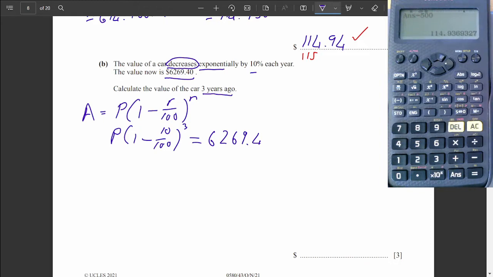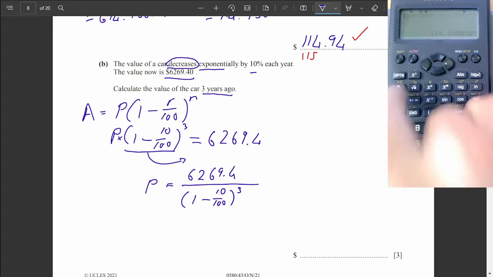Okay, now remember, this is the principal multiplied by that whole bracket. So if we can just take this whole bracket and do the opposite of multiply, and that is divide. So to get P, we'll take 6269.4 divided by all of this.